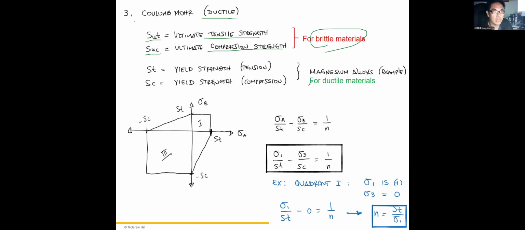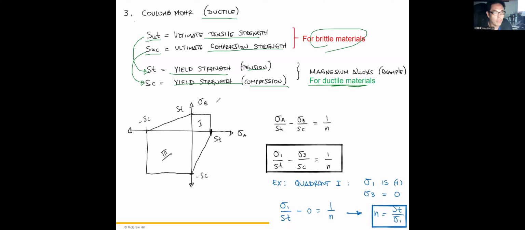But for the ductile material, it always yields at a specific stress or strain. Therefore, now we just modify the stress limit from the SUT to the yielding stress for tension, and the SYC, the yielding stress for compression.